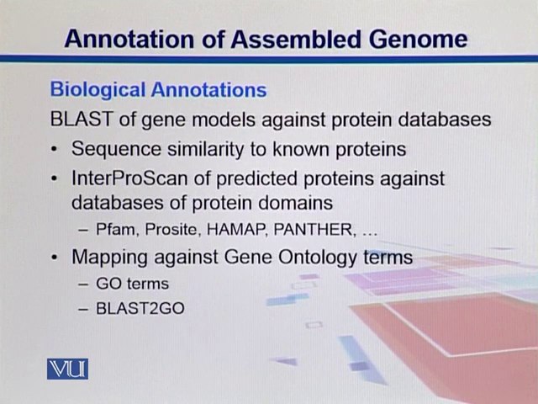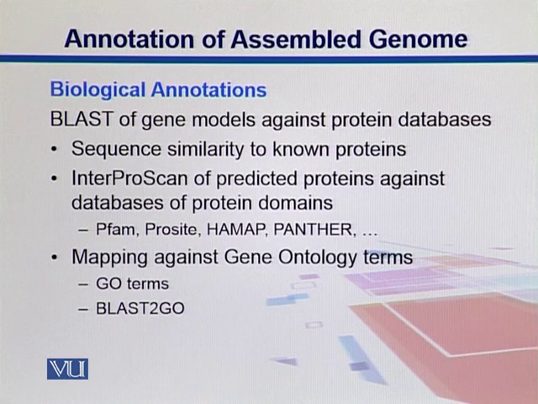When we do biological annotations, we try to infer some biological meaning. Number one, we can BLAST those genes against protein databases, get the sequence similarity, and from those similarities identify the gene models and what kind of protein they produce.